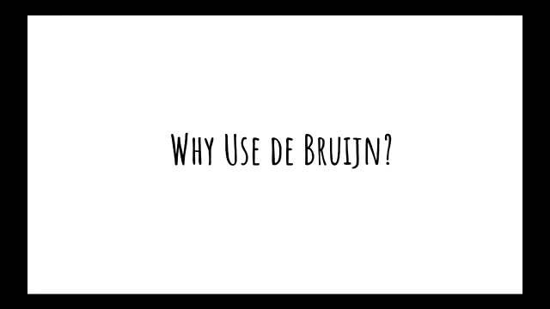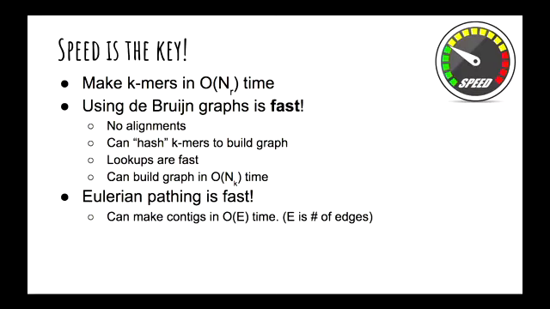All right, and this is why we want to use de Bruijn. It's fast, okay? Unlike overlap layout consensus, where we have to find generalized alignments between reads. In de Bruijn graph assemblies, all we're doing is finding exact matches between the k-1 prefix of one k-mer and the k-1 suffix of another k-mer.